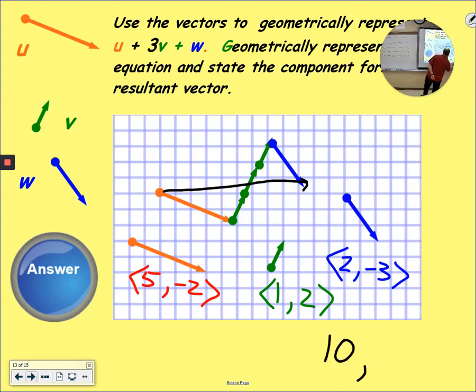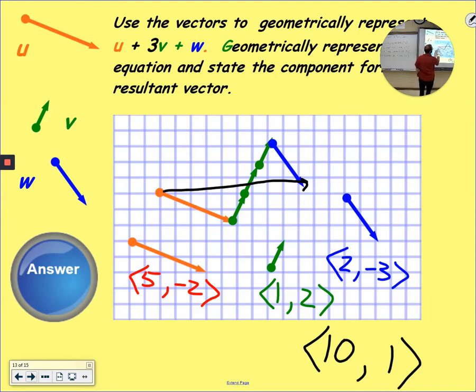Now let's look at all of our y's. I've got -2, +2, +2, +2, -3. So -2 plus -3 is -5, right? -5 plus +6 is what? +1.